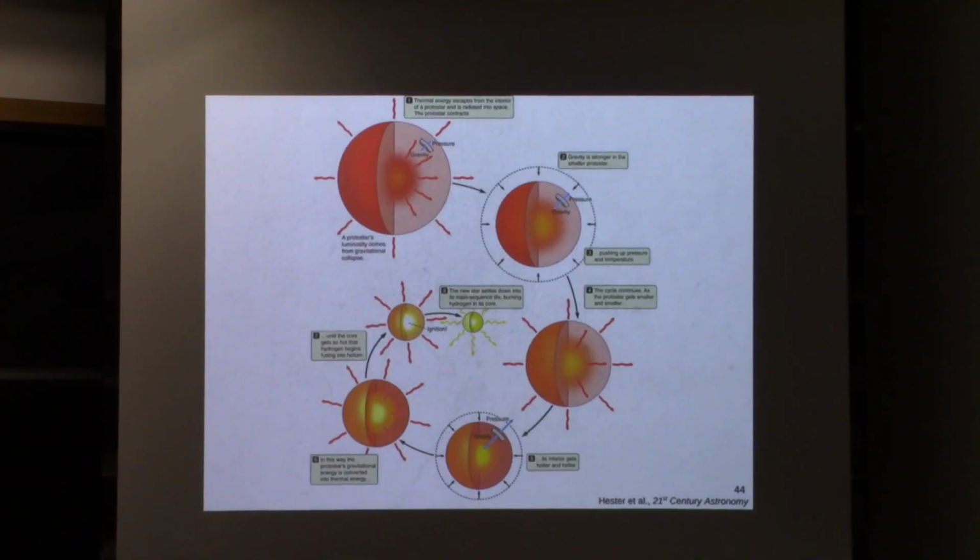If it's on that end of things, it's just going to be a cute little red dwarf that's going to live for hundreds of billions, maybe even more than 1 trillion years, because it burns its fuel at such a leisurely pace. So greater than 80 Jupiter masses, you get yourself a star.